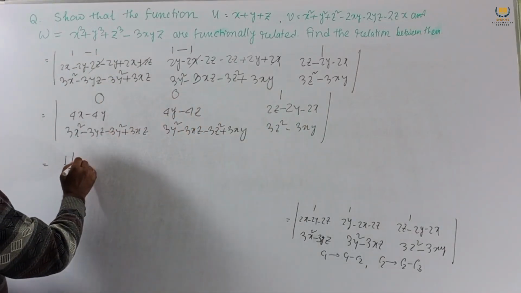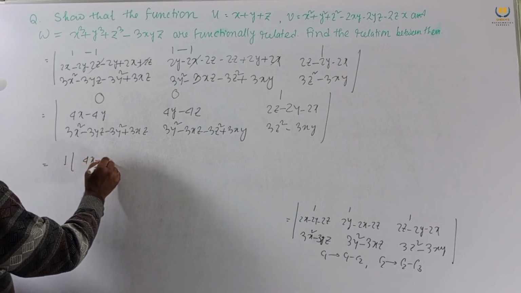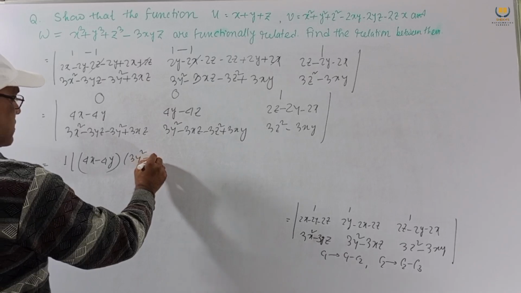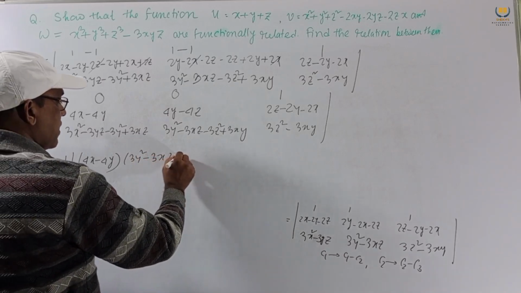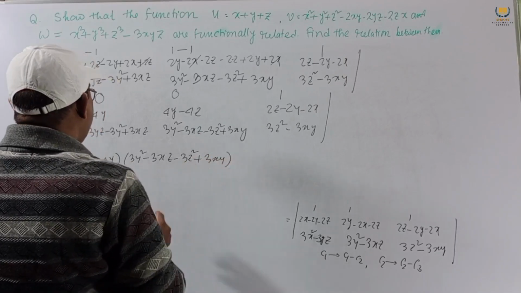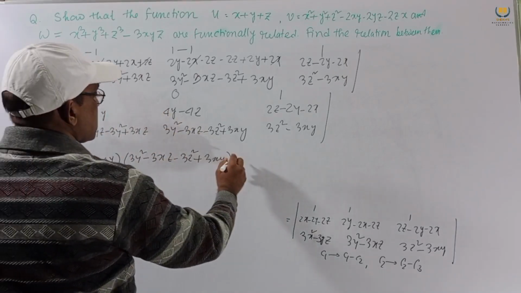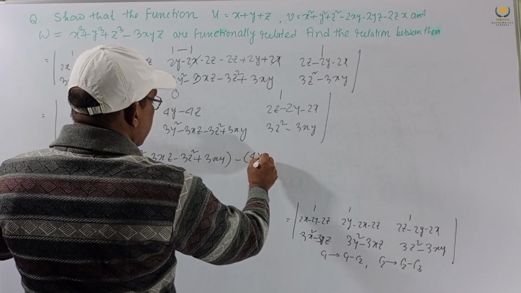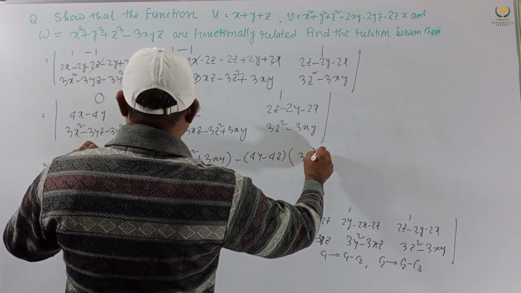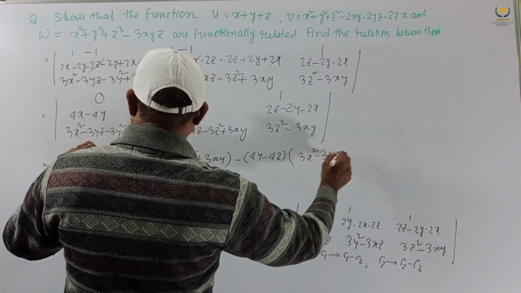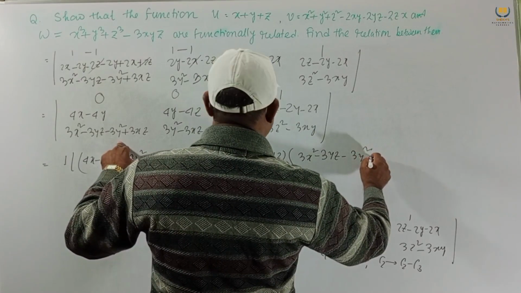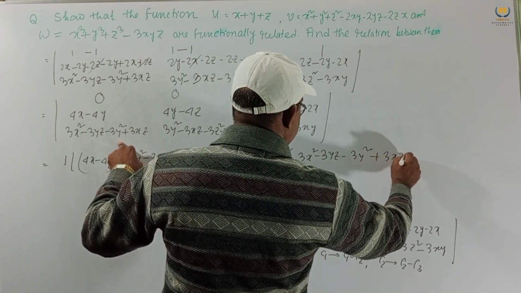So we get 4x minus 4y into 3y square minus 3xz minus 3z square plus 3xy, and this into this minus 4y minus 4z into 3x square minus 3yz minus 3y square plus 3xz.